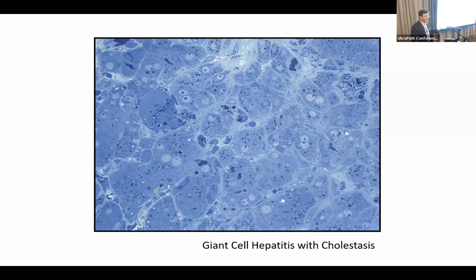That does not indicate giant cell transformation. Usually those cells have to be bigger and have many more nuclei. Hepatocytes often are binucleate, and then you can also see some intrahepatocytic bile and some canalicular bile, some inflammation.